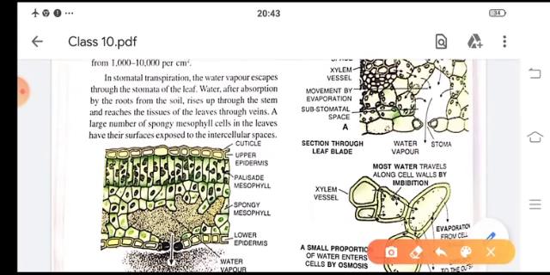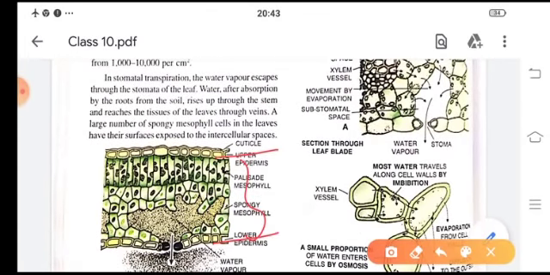Now palisade cells and spongy cells are present in between the upper and the lower epidermis, and the water which escapes from the cells gets saturated in the intercellular spaces with air. So here, see, this is the upper epidermis, lower epidermis, and the mesophyll cells, which are divided into palisade mesophyll and spongy mesophyll cells.